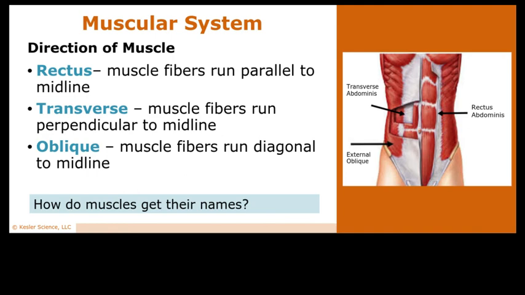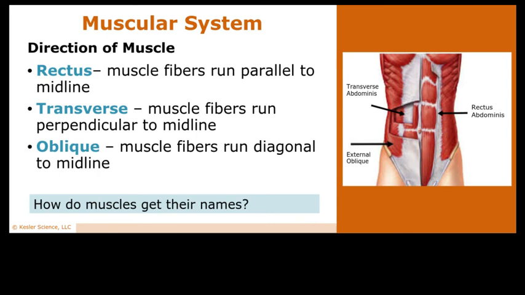So rectus means muscle fibers run parallel to the midline. The midline would be straight down across your nose, down across your navel, and down through your hips. Straight down the middle. Transverse would be muscle fibers that run perpendicular to the midline, meaning they go straight into it, so they run from left to right.